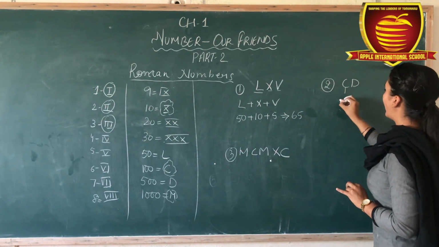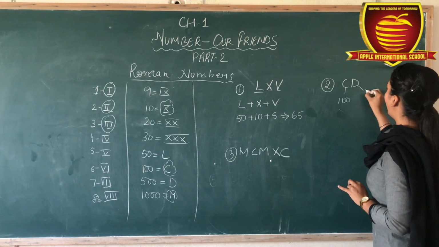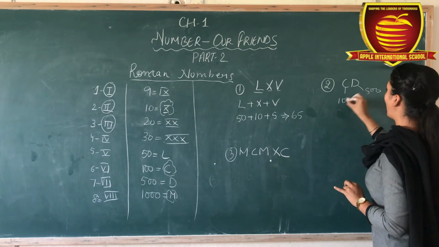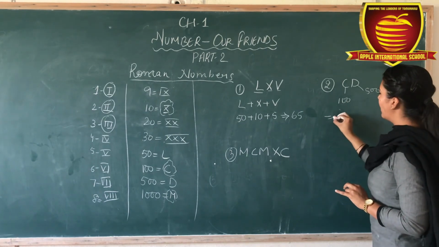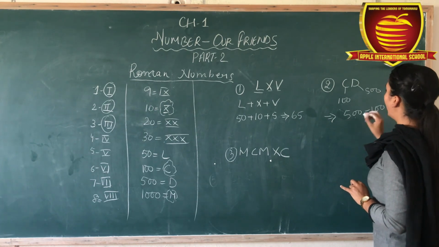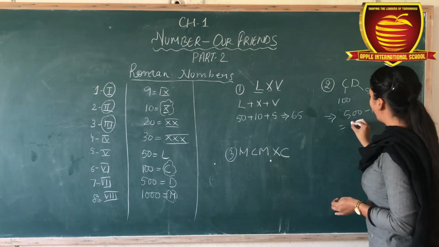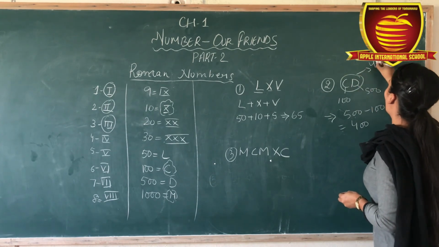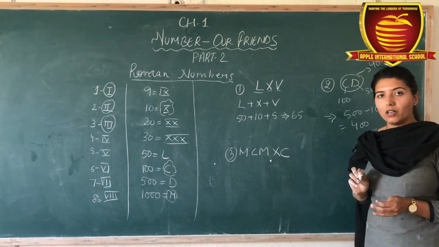Now, C is 100, D is 500, but this number is smaller, this number is bigger. So we subtract the smaller from the bigger. Then this is the value of 400.